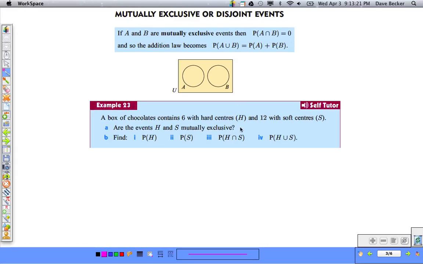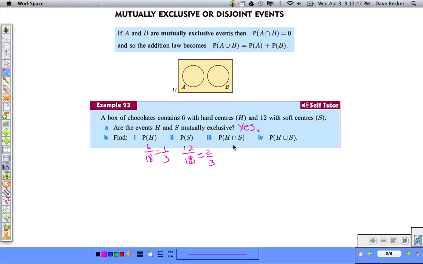And the answer is yes, because there's not a possibility of selecting a candy that has both a hard center and a soft center. Probability of H, very easy, that's 6 out of 18, or 1/3. Probability of S is 12 out of 18, or 2/3.